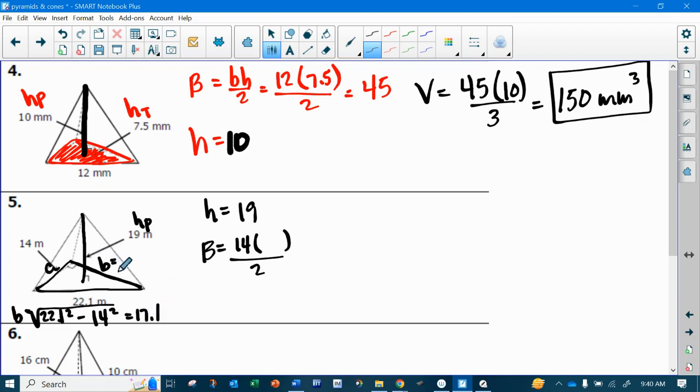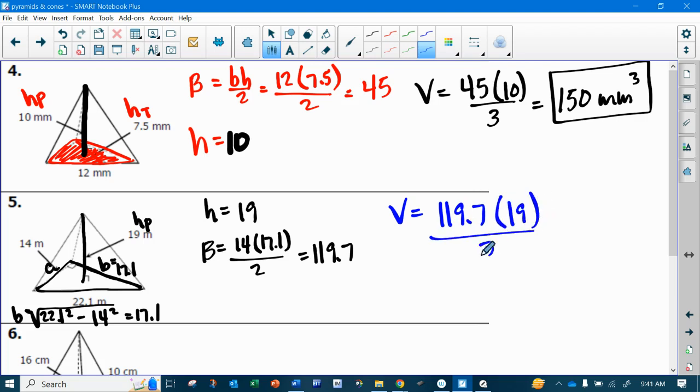So this leg is 17.1. 14 times 17.1 divided by 2 is 119.7. Now we can find the volume, because it is big B times H divided by 3.